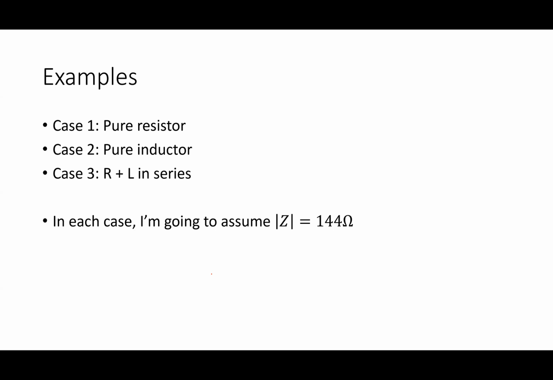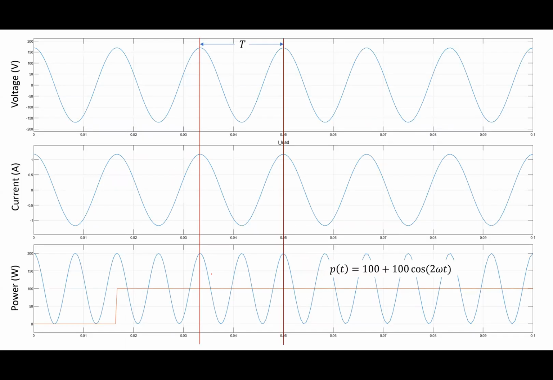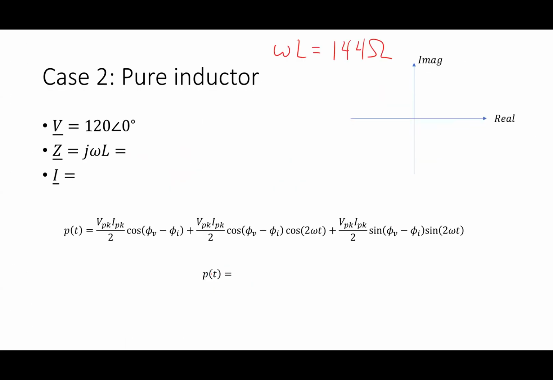So if I have a pure inductor, let's go through that case real quick. I said omega L is 144 ohms. What is omega L here? It's almost the impedance, right? It's not quite the impedance. It's the magnitude of the impedance.